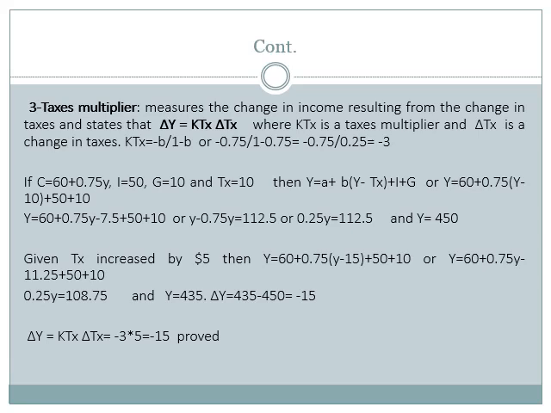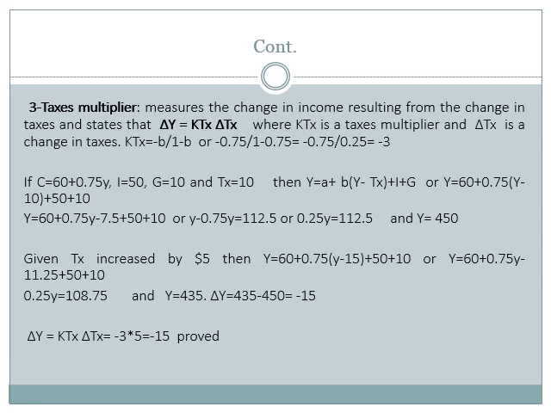Now, given also if c equals 60 plus 0.75 (y minus tx), I equals 50, g equals 10, and tx equals 10 also, then y in this case equals 450. Before taxes it was what? It was 540. Now it decreased down to 450.